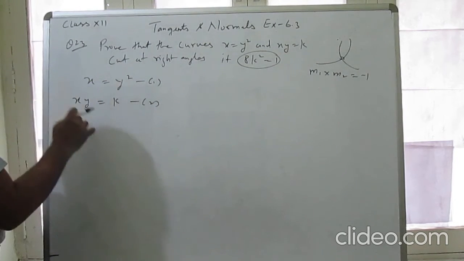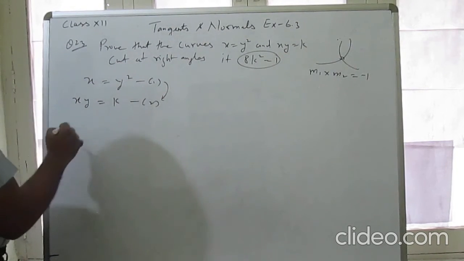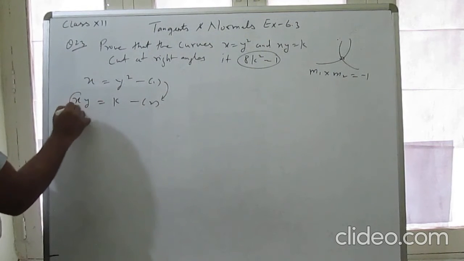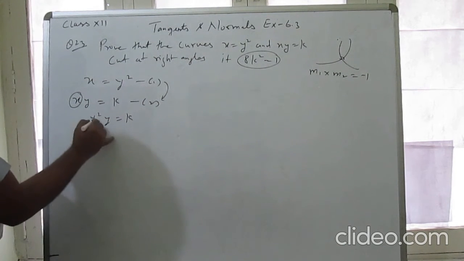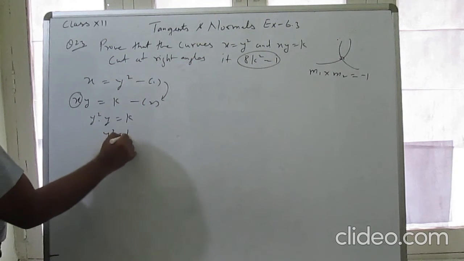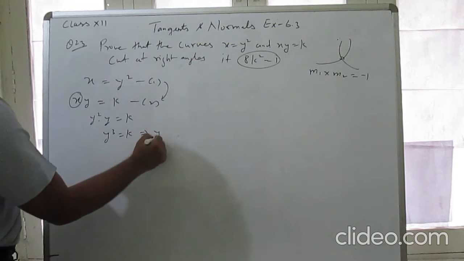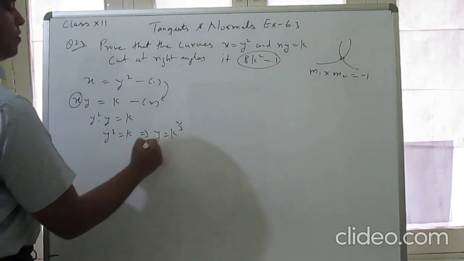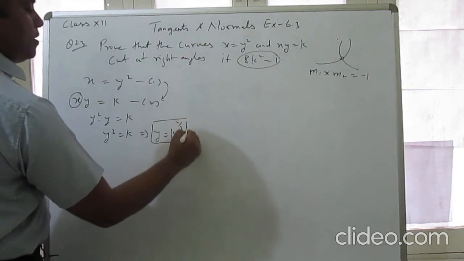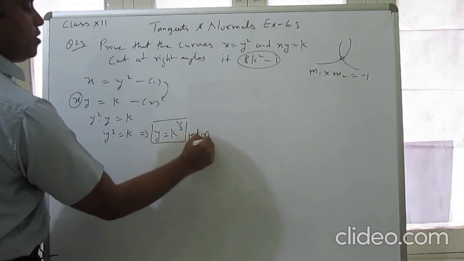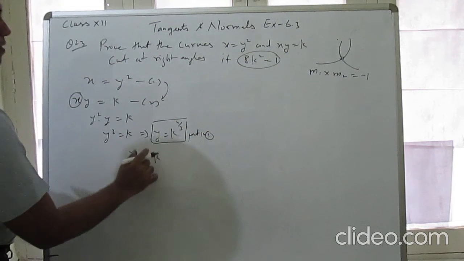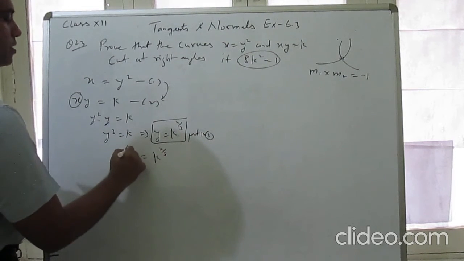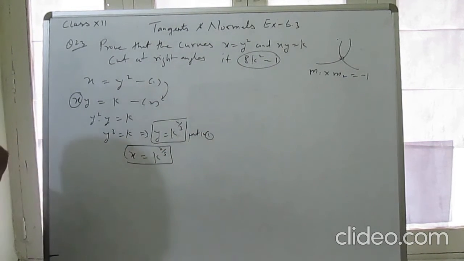Put 1 into 2: instead of x, y square into y is equal to k. It means y cube is equal to k. This implies y is equal to k to the power 1 by 3. This is the first coordinate. Put in 1, you will get x is equal to k to the power 2 by 3. This is the second coordinate.